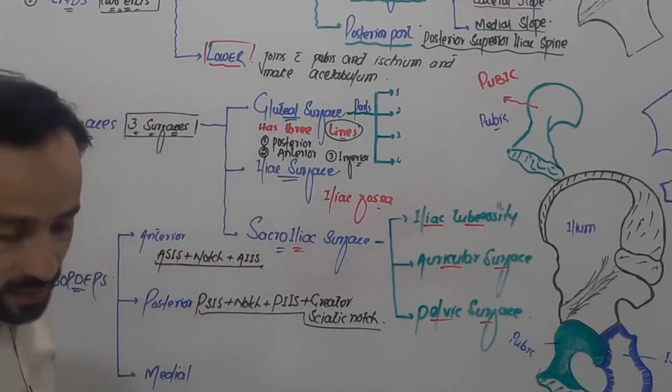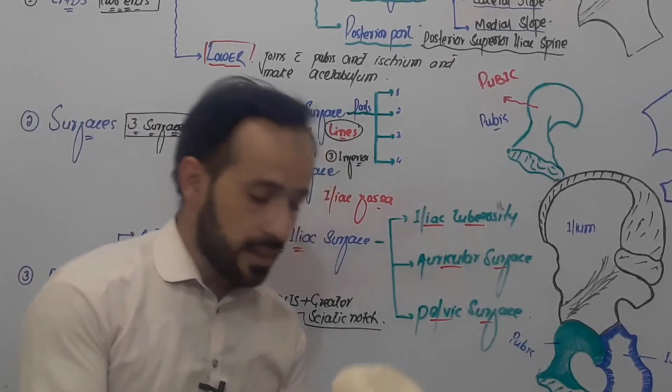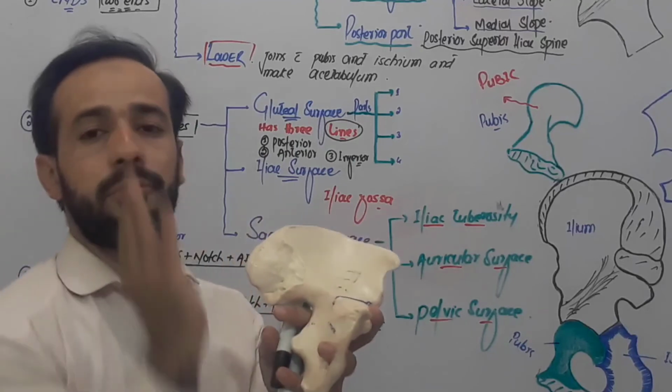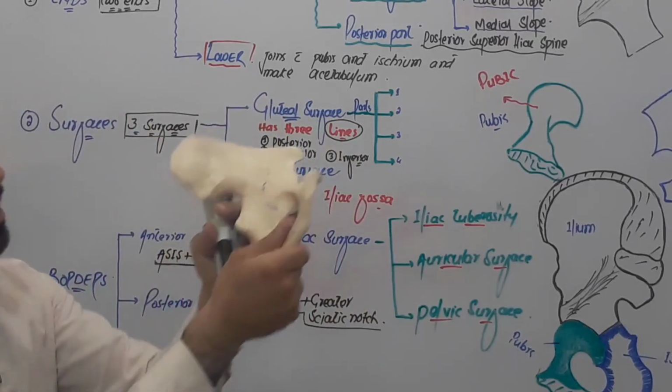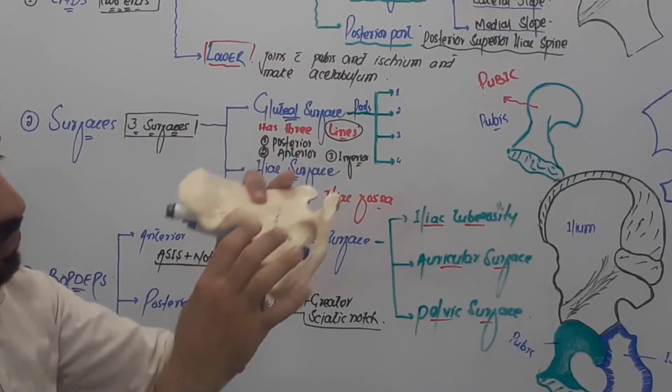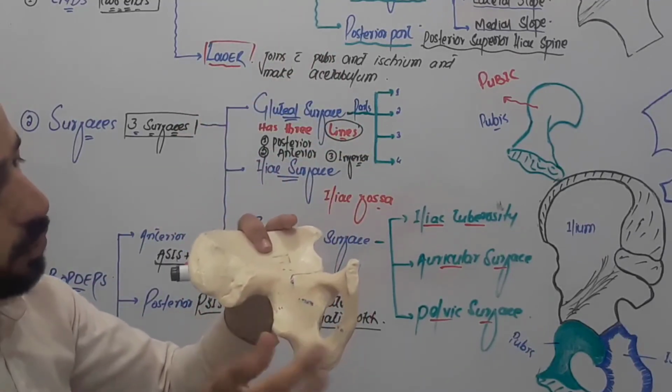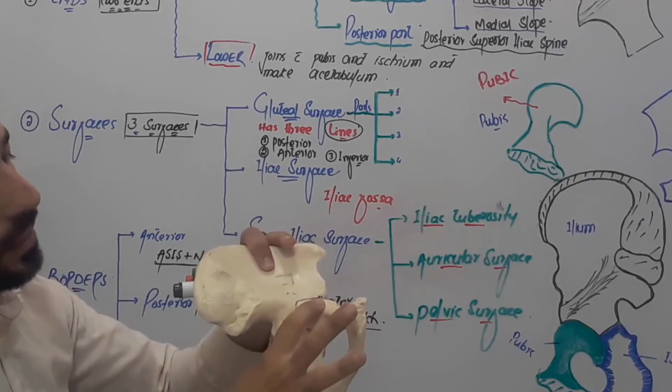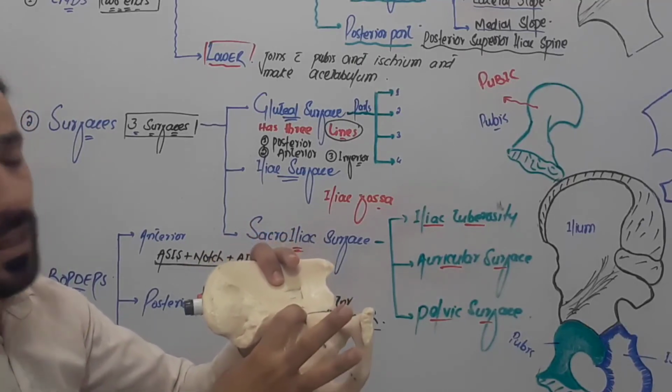And then there is your medial border, and this medial border is nothing but an eminence, an elevation. Here, if you can see, this part is a little bit elevated. This elevated part is formed by the union of the pubic eminence and the iliac eminence.